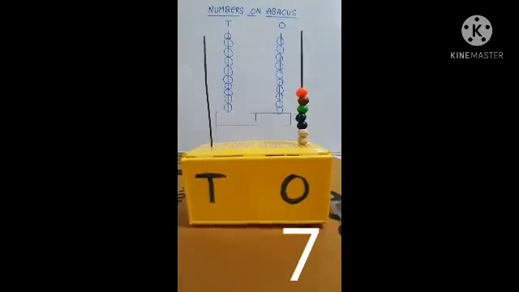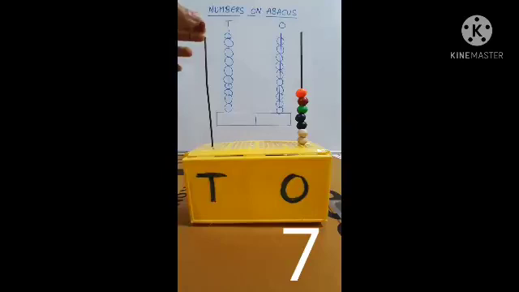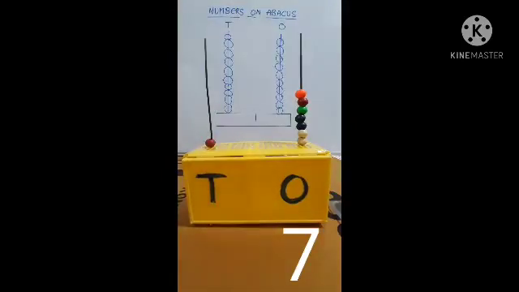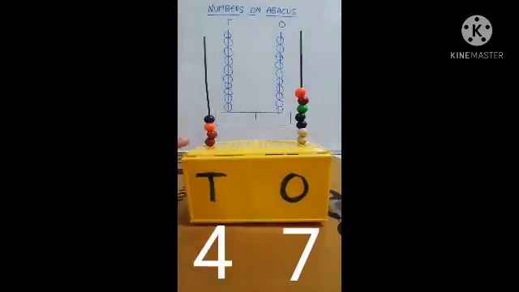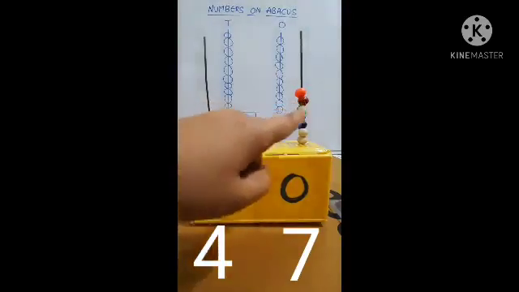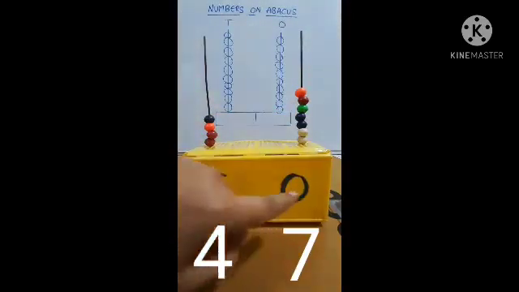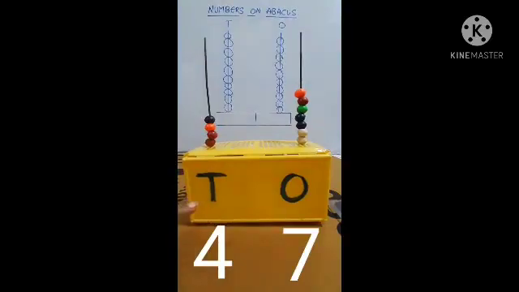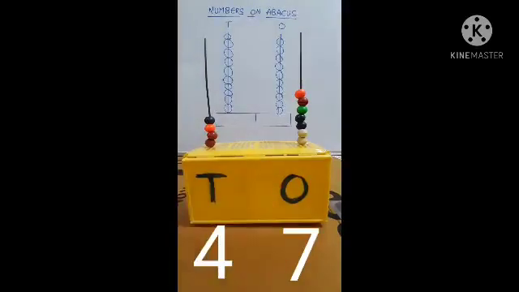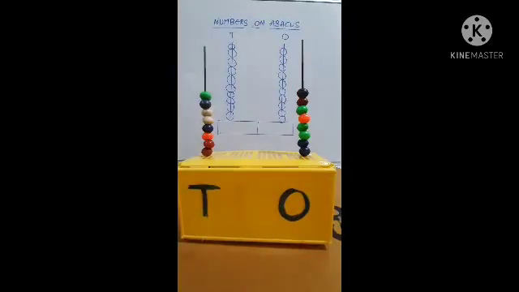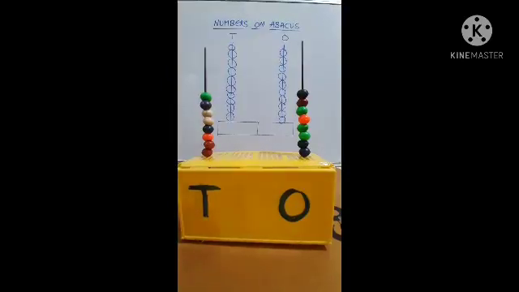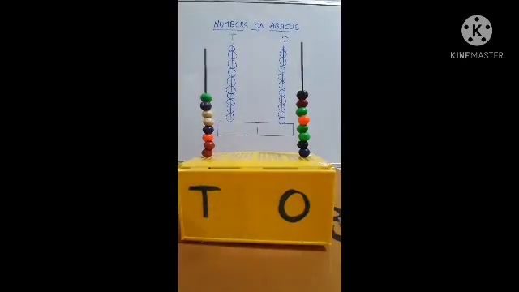Now I am going to add beads for the tens place. 1 ten, 2 tens, 3 tens, 4 tens. So here 4 tens, here 7 ones. So we say it as 47.